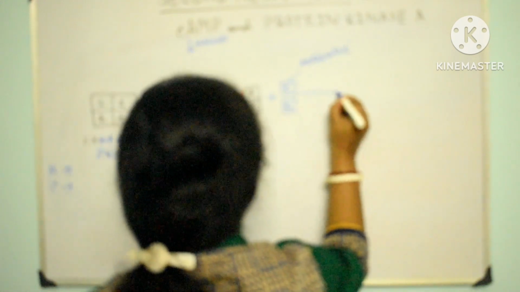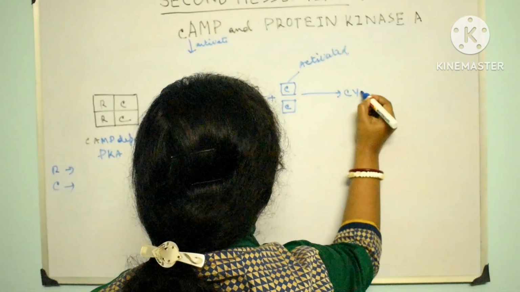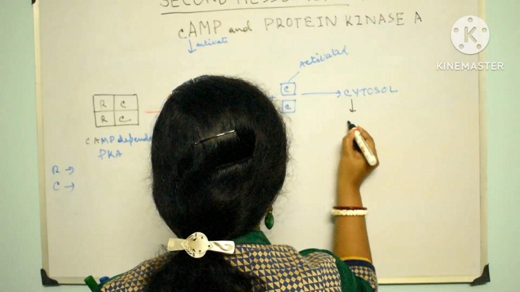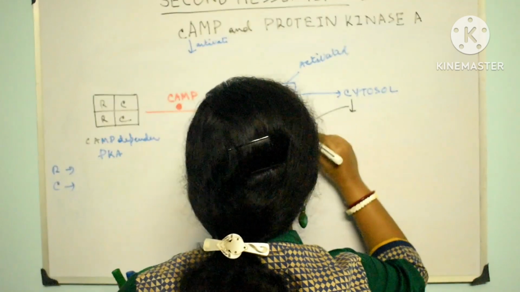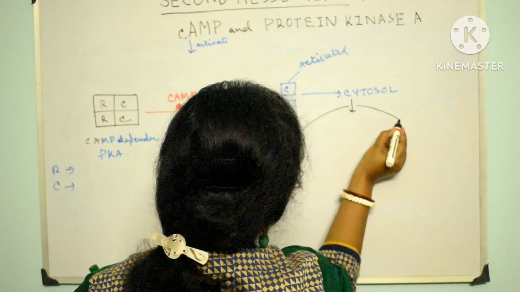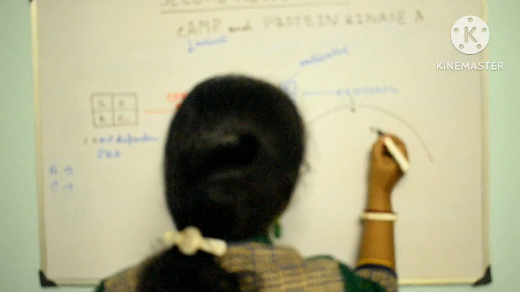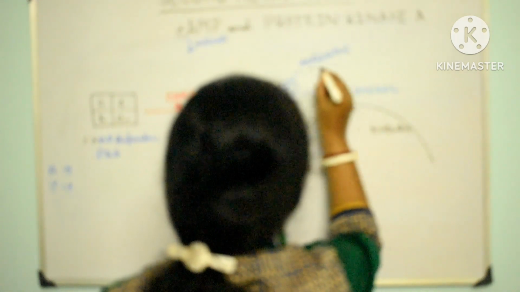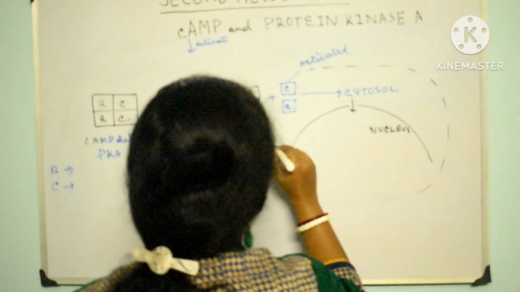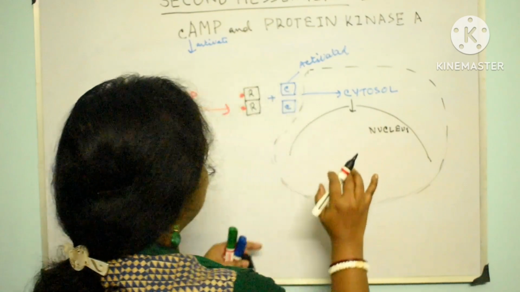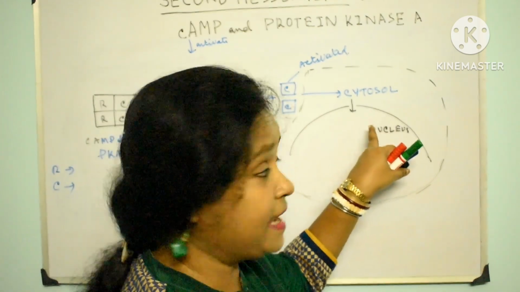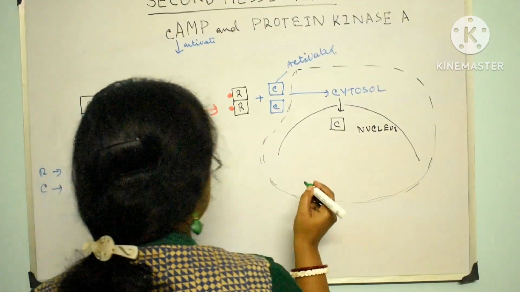Then it goes to the cytosol, and after that inside the nucleus. Imagine this is the cell and this is the nucleus. This activated catalytic subunit will enter the nucleus.